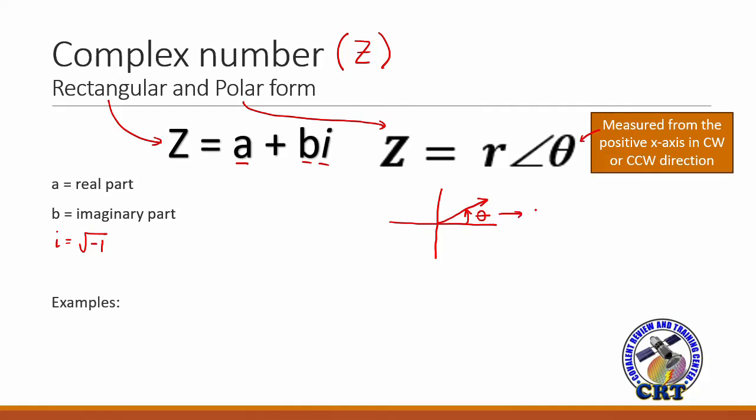And if that is the case, counterclockwise direction, theta is considered positive. Take note of that. And if theta is measured from the positive x-axis in the clockwise direction, this is our theta in the clockwise direction. Therefore, theta is negative. Take note of that.